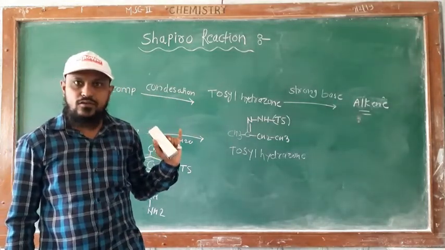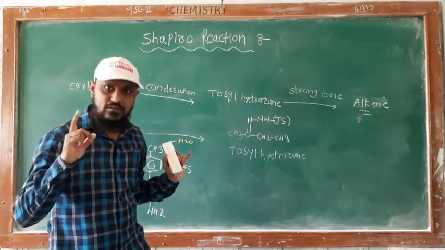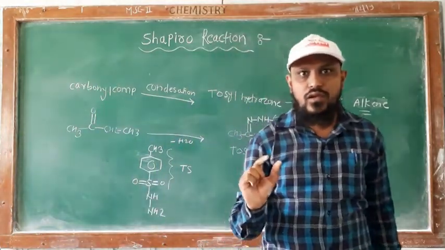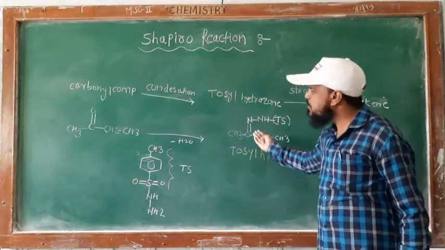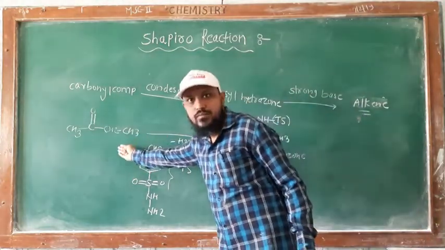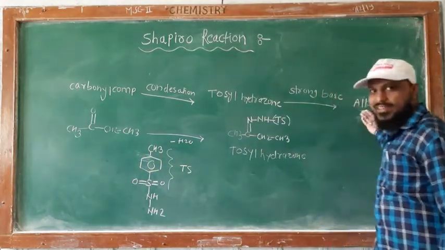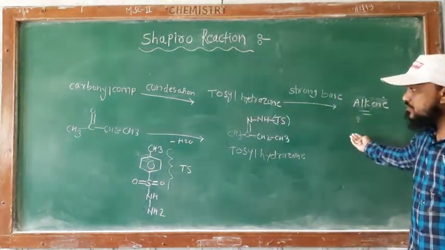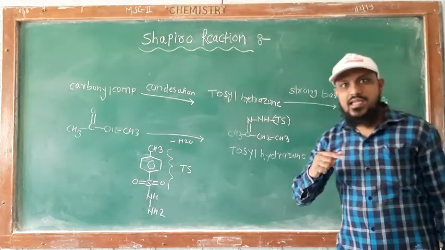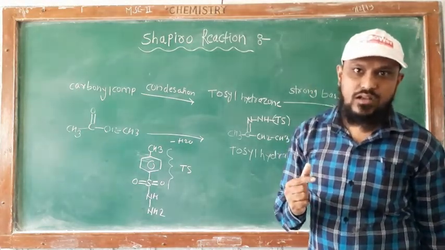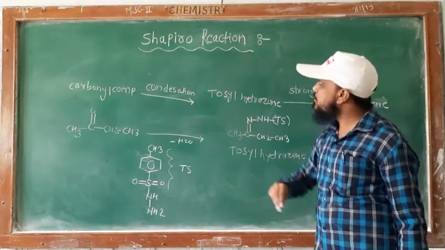Now look at the statement. Listen carefully. The conversion of tosyl hydrazone of a carbonyl compound into an olefin or alkene in the presence of an excess amount of strong base is called the Shapiro reaction.